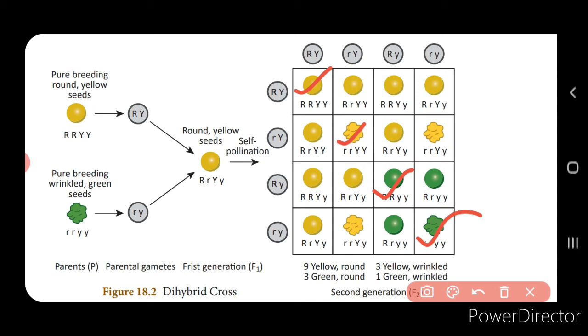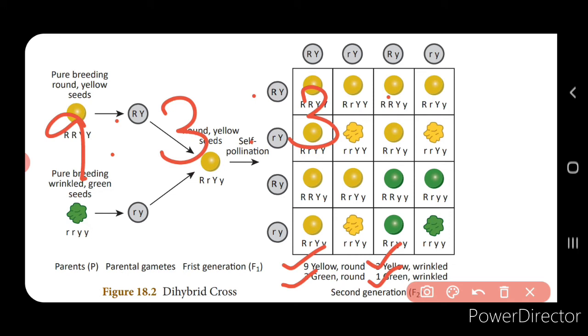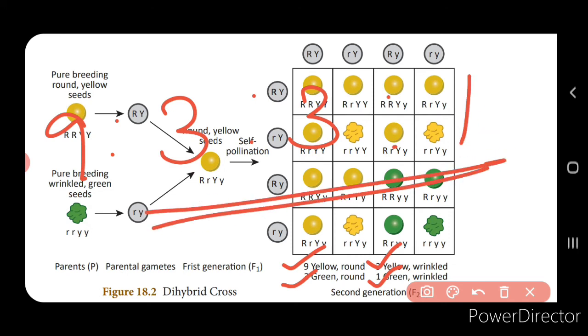If you see the combinations, here you can see 9 yellow round seeds, 3 yellow wrinkled seeds, 3 green round seeds, and 1 green wrinkled seed. So what will be the ratio? The ratio will be 9:3:3:1. So this is nothing but the F2 generation phenotypic ratio, that is the external appearance, right?